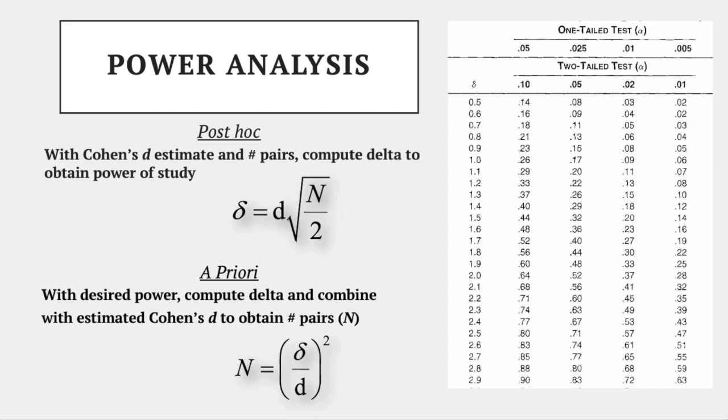Very, very similar to what we've done before, with the same ideas of calculating post hoc power or a priori power to tell us the sample size we need, or the observed power that we saw. As a reminder, this goes along with all the other discussion we had with power analyses. It's just specific to difference scores in this case.